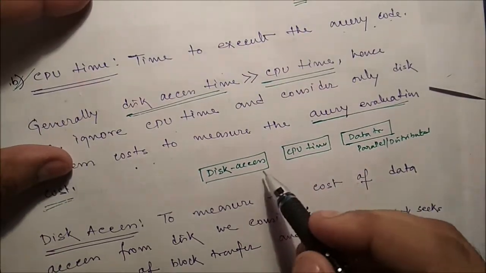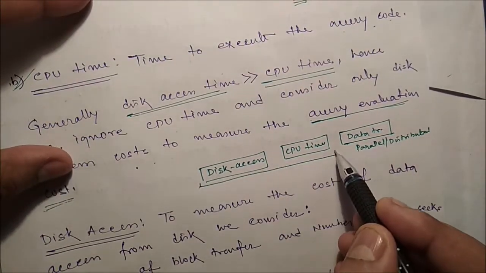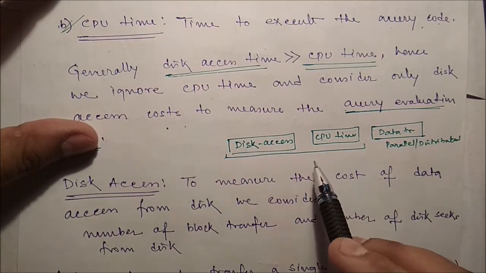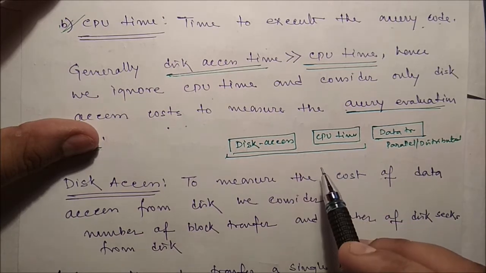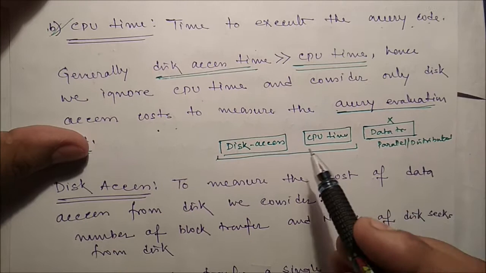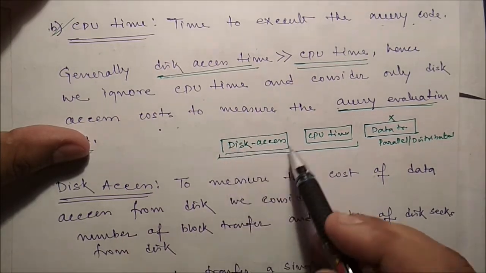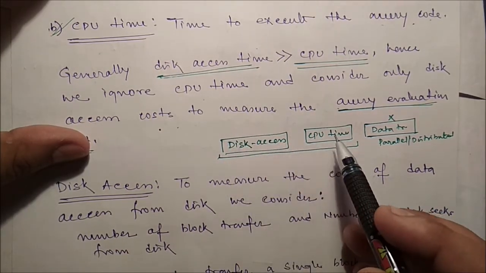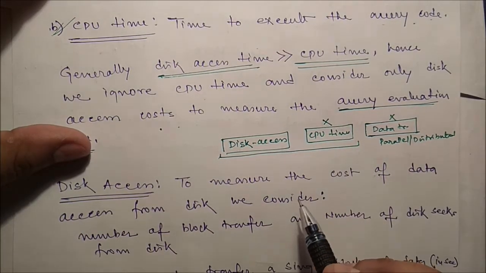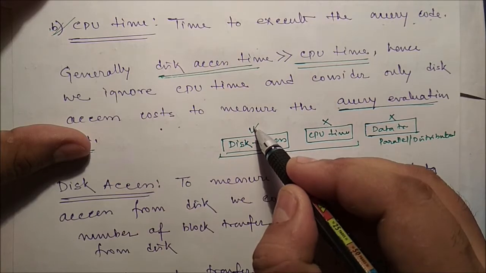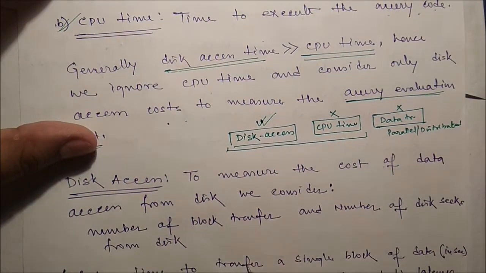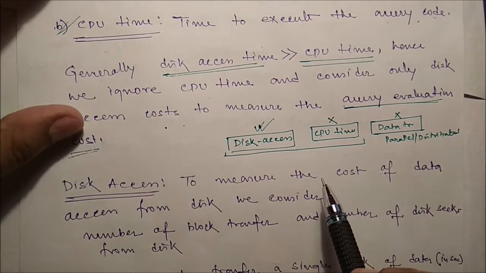Here we consider only the single memory concept, or we assume that it is not parallel or distributed computing. Right now we may ignore this part. And one more thing: disk access time is much more than the CPU time, so we can also ignore that part. Our main concern is to identify the disk access time, through which we can identify the query evaluation cost.